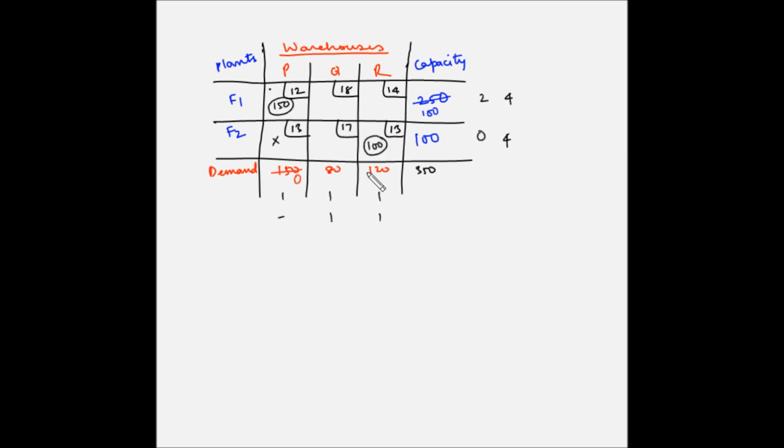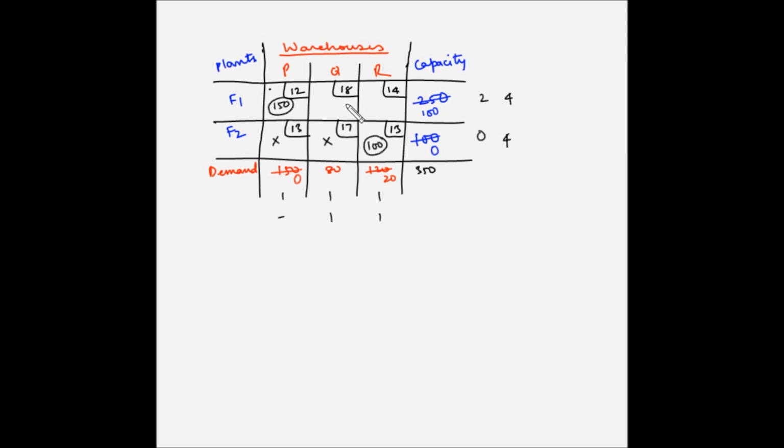So with this allocation, the remaining demand at R is 20 while the supply remaining at F2 is 0. So now since the entire supply capacity at F2 has been exhausted, let's cross off the remaining squares for this row, indicating that they are no longer available for allocation.